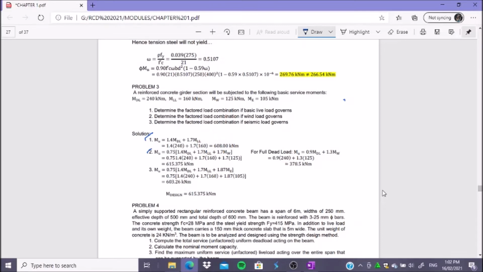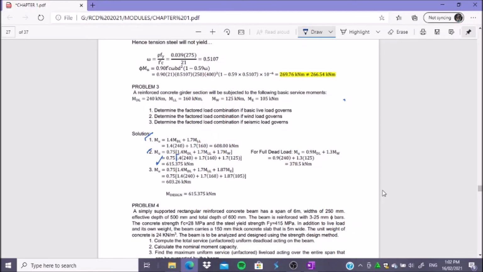Since magkakasama yung tatlo na yan, hindi natin pwedeng kunin yung 100% na yan, kaya we have to only take 75% niya. 0.75, may parenthesis, 1.4 times 240 plus 1.7 times 160 plus 1.7 times 125, and we have the basic formula load combination MU equal to 615.375.